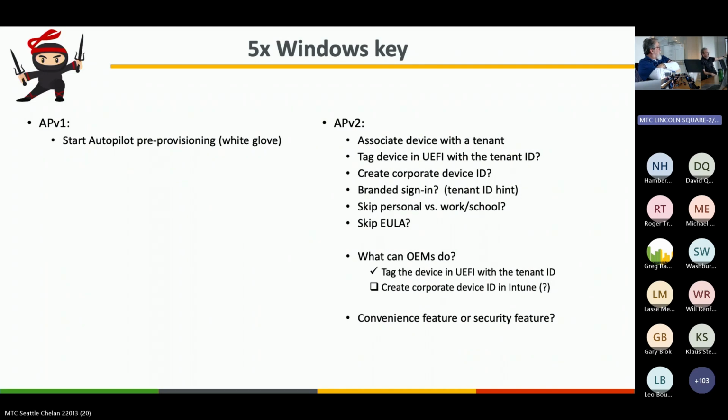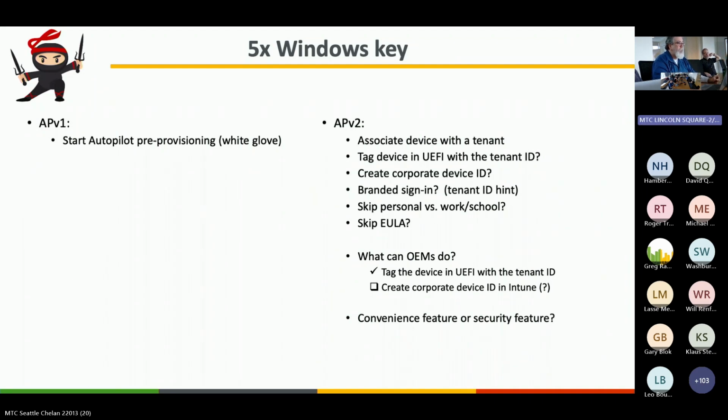Today, if you buy a device from an OEM, the OEMs can register the device with Autopilot V1. They can't create the corporate device identifier for Autopilot V2 because you would have to delegate access to your Intune tenant to the OEM, and they don't want your credentials to be able to do that, and you probably don't want to give them to them anyway. So in the Autopilot V2 case, you're stuck creating those corporate device identifiers yourself, even if you buy the devices from an OEM that otherwise would have been able to register them with V1.